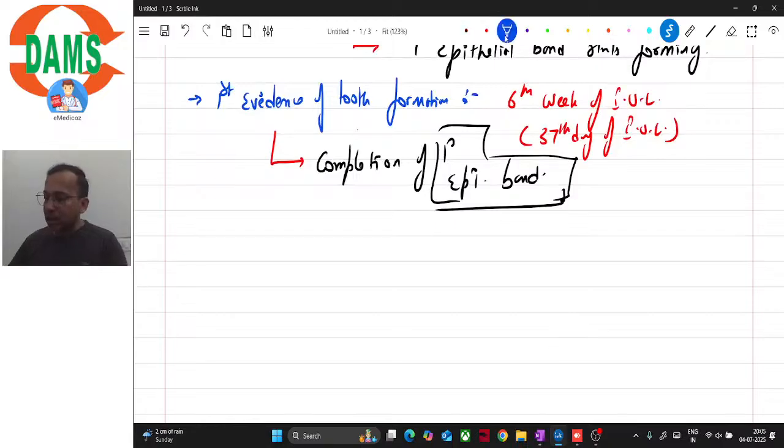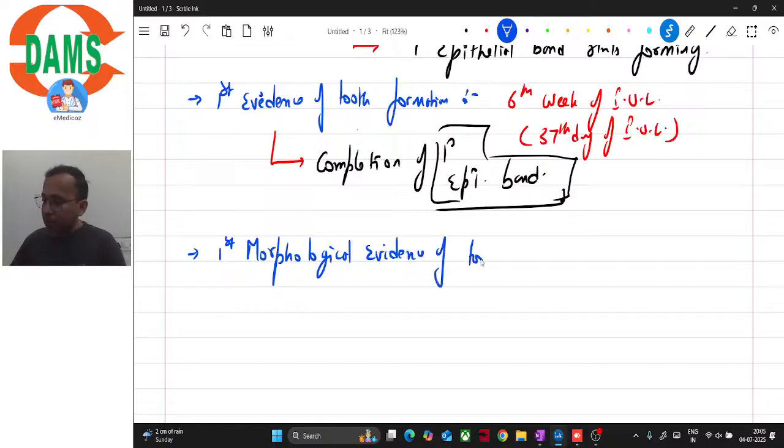Next, what did we study that day? First morphological evidence of tooth formation. So when was the first morphological evidence of tooth formation? It was at the 11th week of intrauterine life.